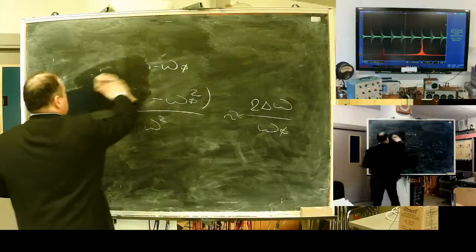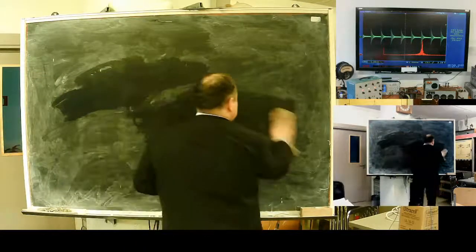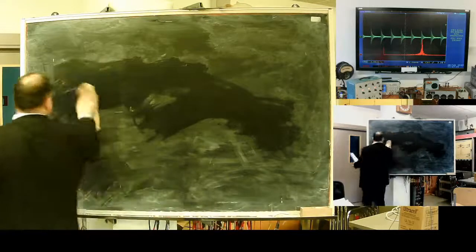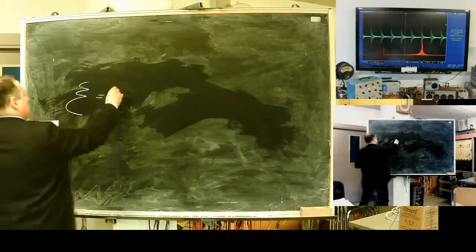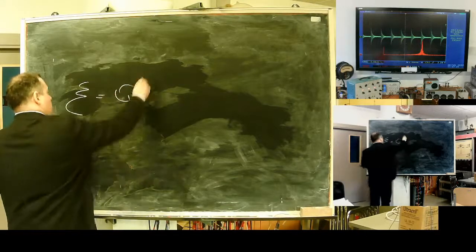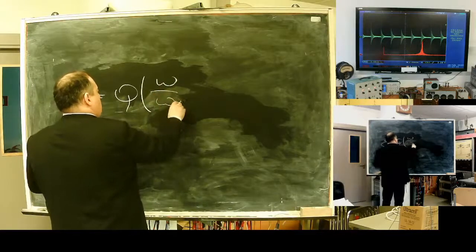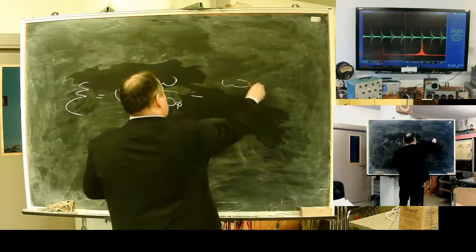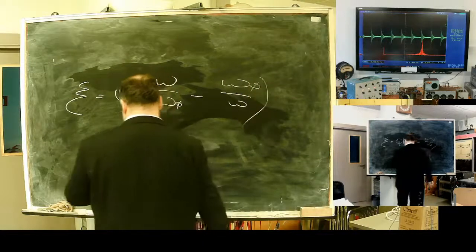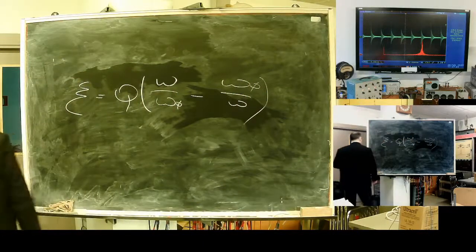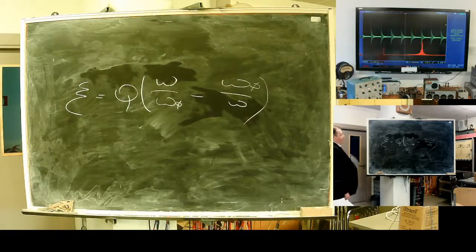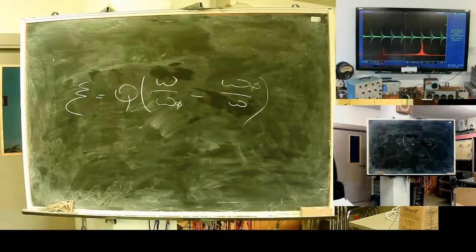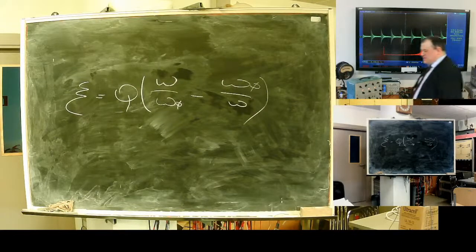Also, frequency shift, which is xi, being equal omega against omega 0 minus omega 0 against omega. Frequency deviation. Deviation is not a good term.